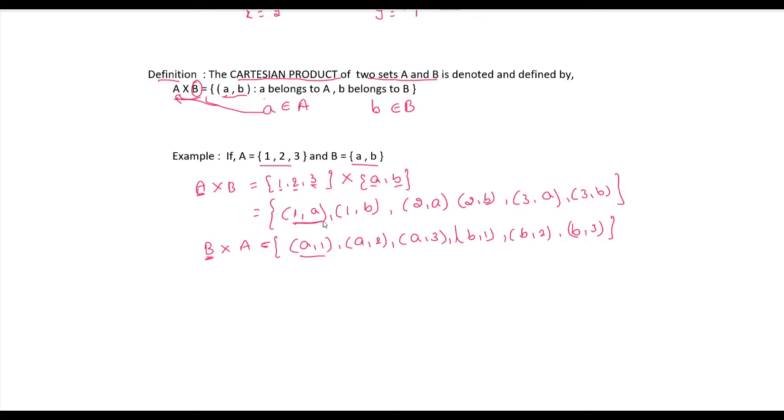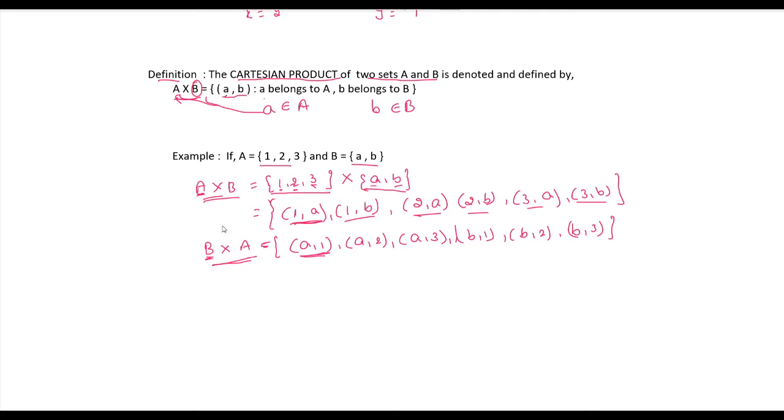You can see the positions of a and 1 are different. And we also can see that if A is a set and B is a set, A cross B and B cross A are also sets. So Cartesian product of two sets is a set. But the elements of the Cartesian product will be ordered pairs.